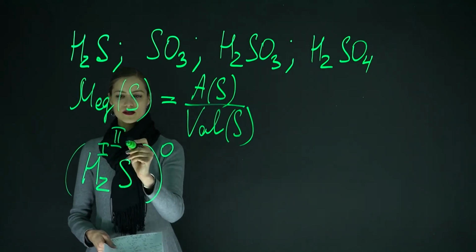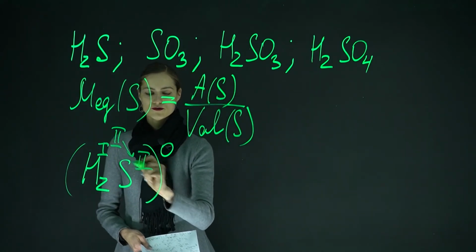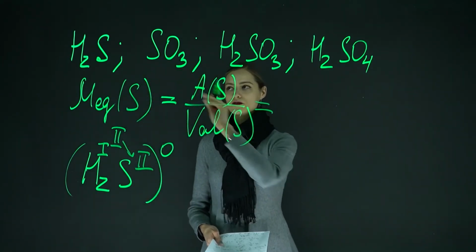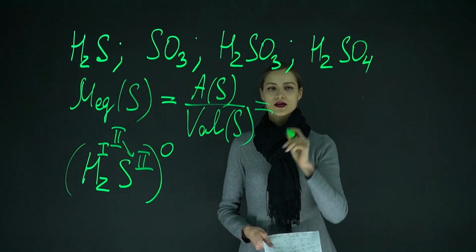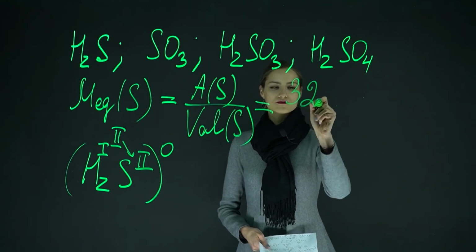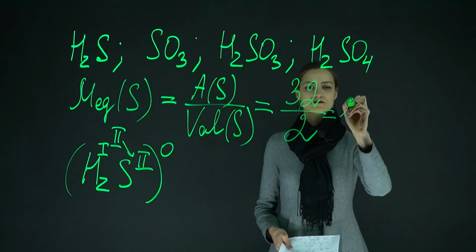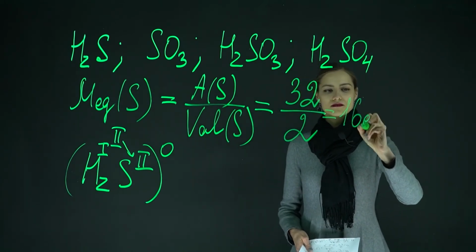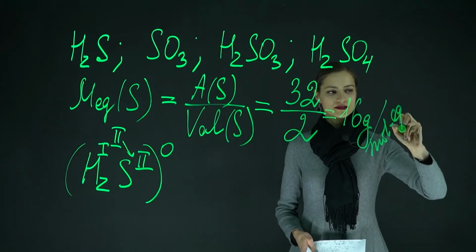In this situation, the valency of sulfur is 2. So in this first substance, equivalent mass for sulfur is atomic mass 32 over 2, so 16 grams per 1 mole equivalent.